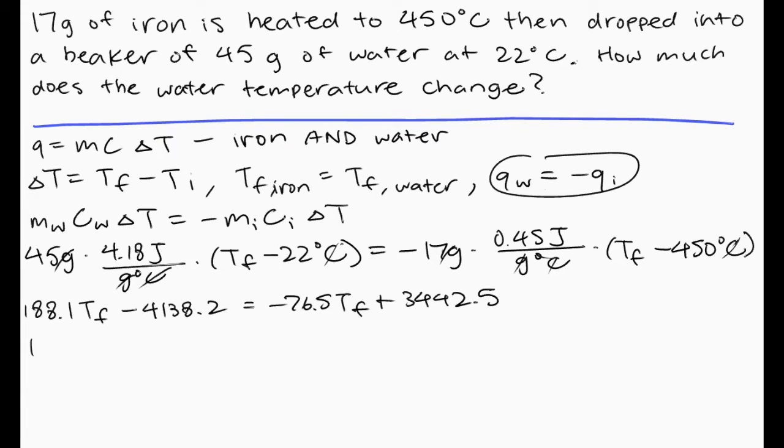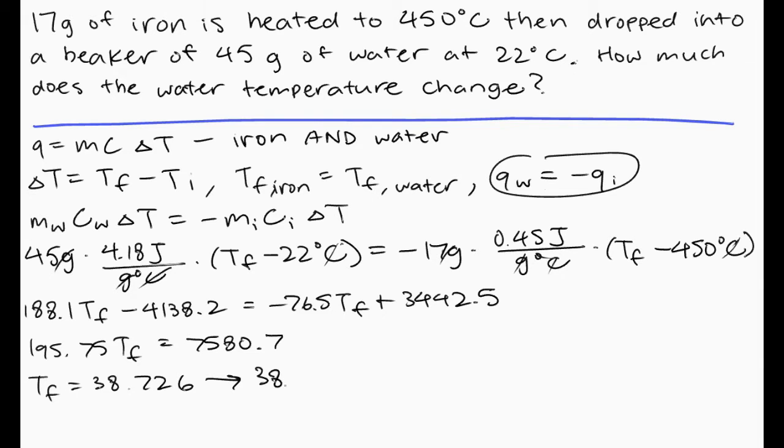And this is 195.75 temperature final equals 7,580.7. And dividing this gives us 38.726. And if we want to apply sig figs, this will become 38.7 degrees Celsius.